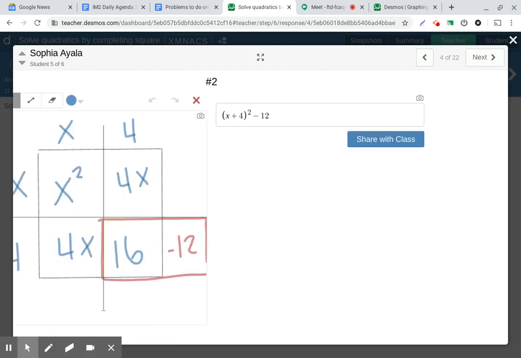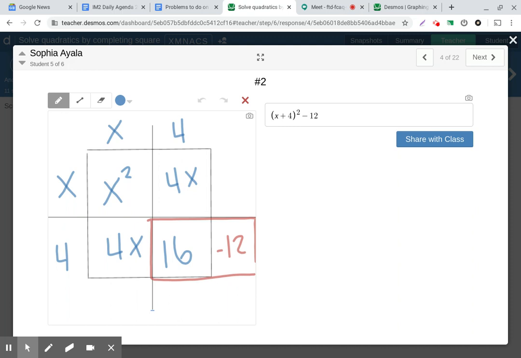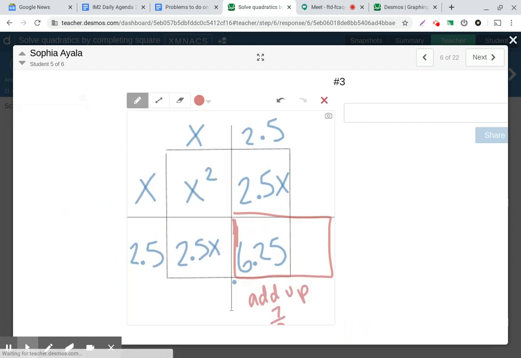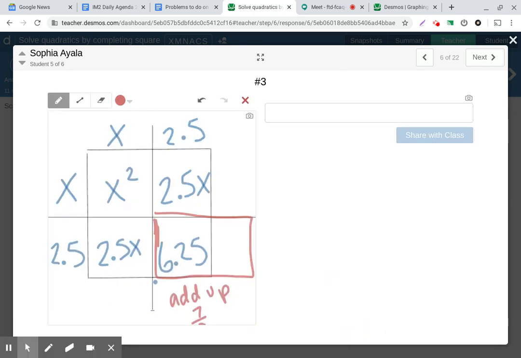So if you get a calculator and you put 6.25 minus 3.5, you get 2.75.